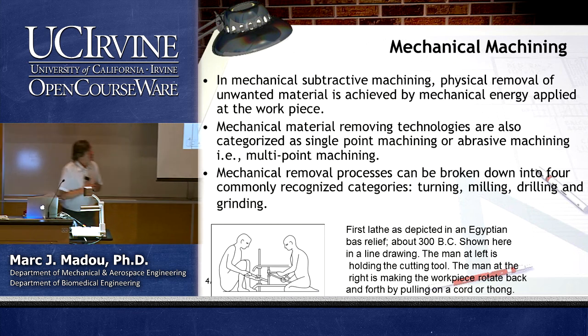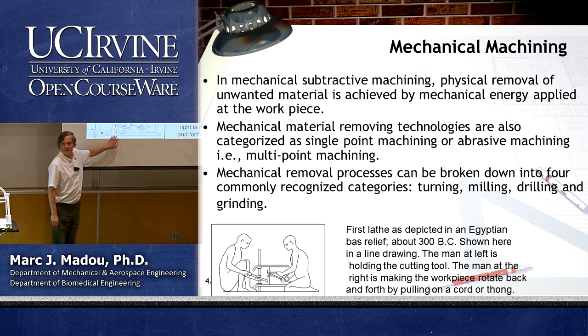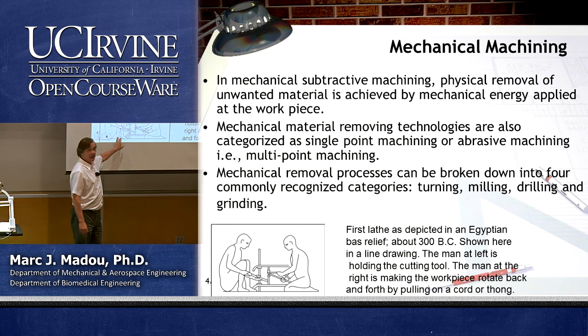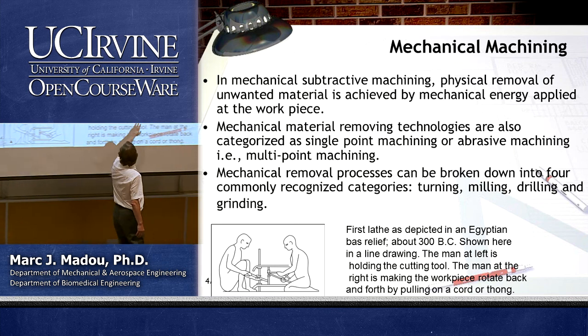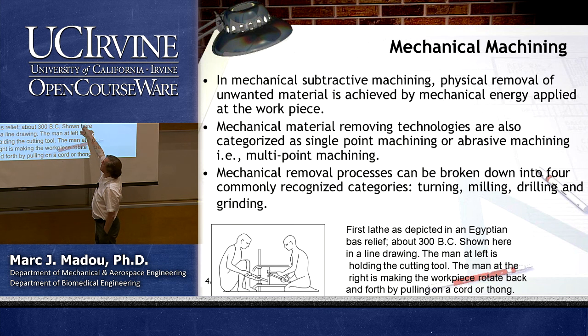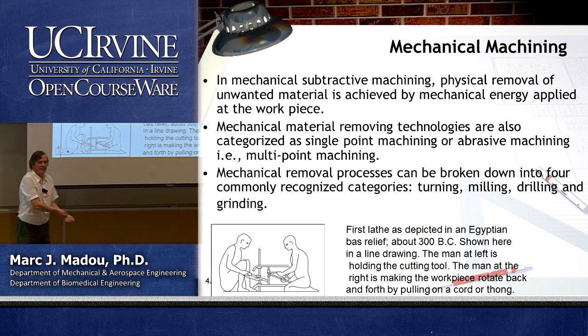So to show that mechanical machining has also been around, not only casting, this is 300 BC, a drawing made on a wall in Egypt. And what it shows in this line drawing, the man on the left is holding the cutting tool, so he has something that's harder, and he's holding it.